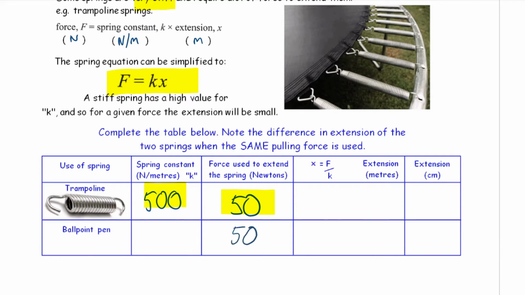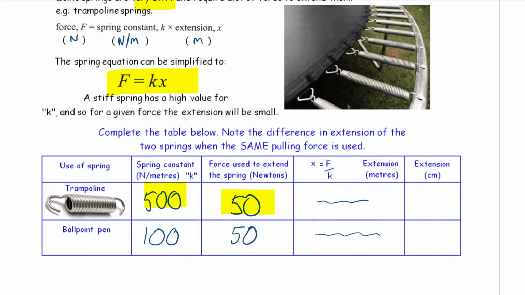We're going to apply the same force, but the ballpoint pen will have a spring constant of 100 newtons per meter. Then we can, in here and here, copy down what the extensions are.